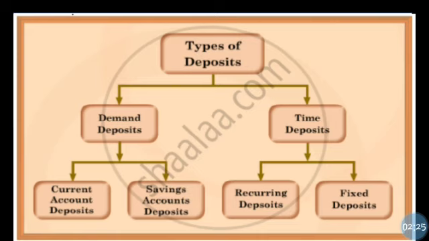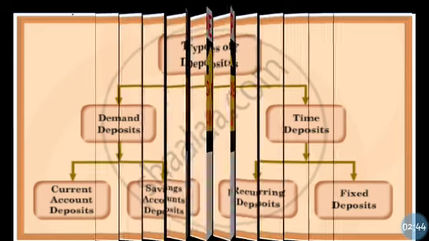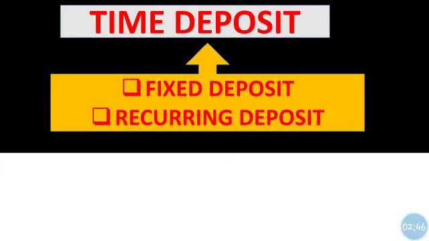You have heard of these accounts. Everyone is having either current account or saving account. Now time deposit is classified as recurring deposits and fixed deposits. Let's study these deposits in detail.